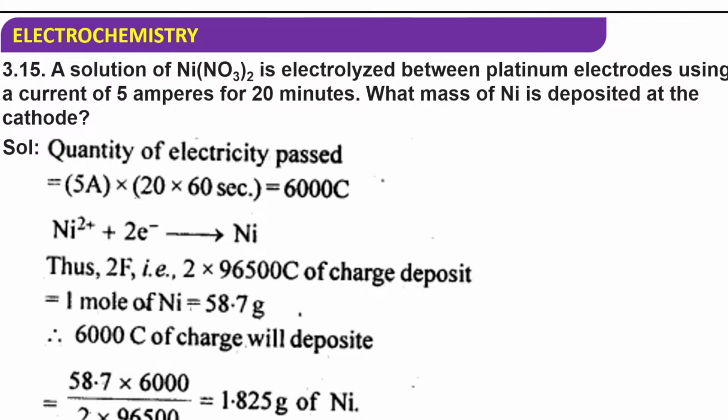So 1 mole of nickel is 58.7 gram. So 6000 coulomb of charge will deposit 58.7 divided by 2. Why 58.7 divided by 2? Because equivalent weight of nickel is 58.7 divided by 2.